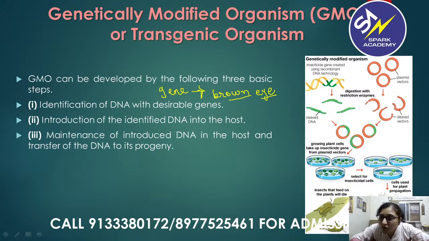How will it be maintained? If the DNA is transferred to the progeny, then it will be maintained. Here we are talking about humans, but most probably in GMOs we are talking about microorganisms. If they transfer it to progeny, then your particular gene is replicating.